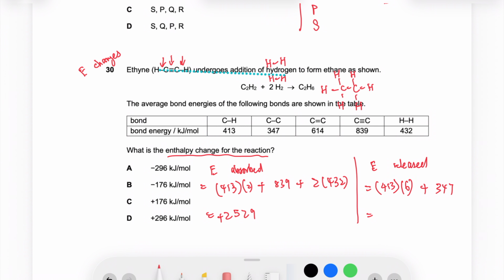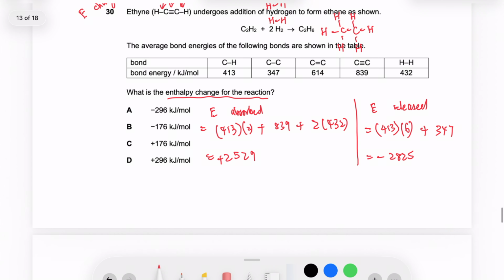So absorb is plus 413 times 6 plus. So this release 2825. Okay, so then enthalpy change is everything add up. It's a 5 plus negative 2825.